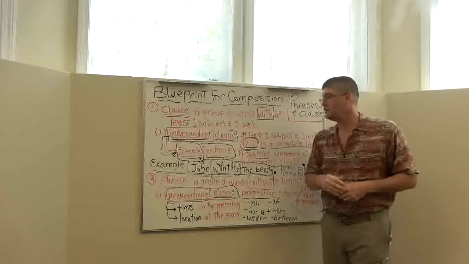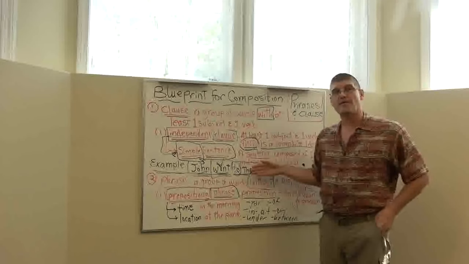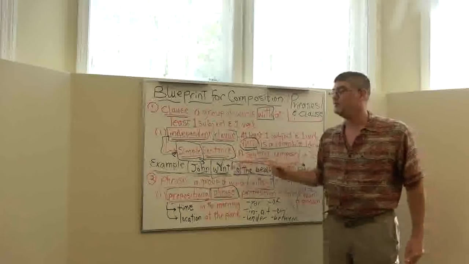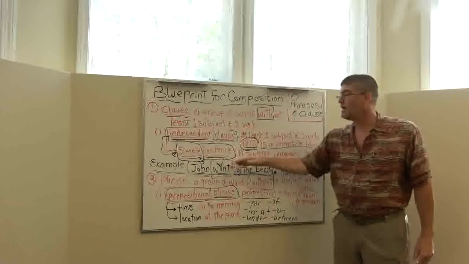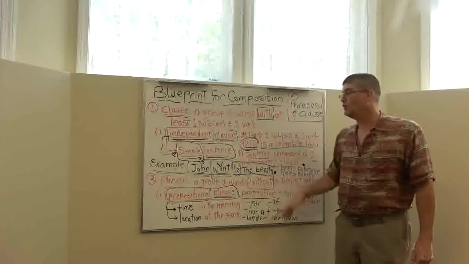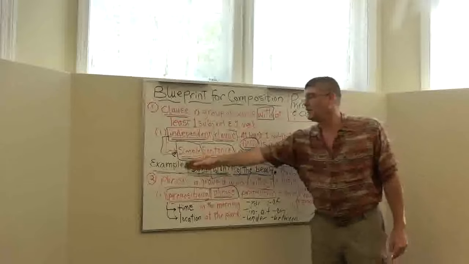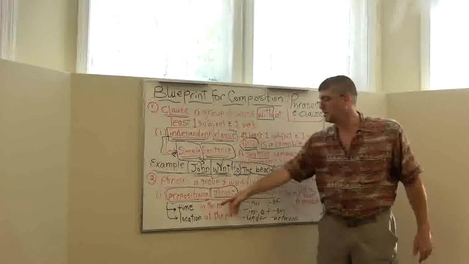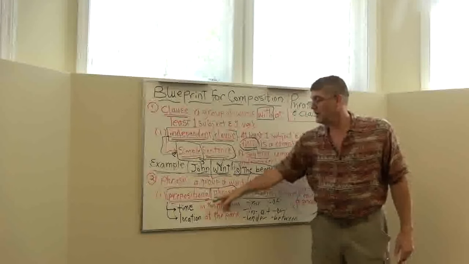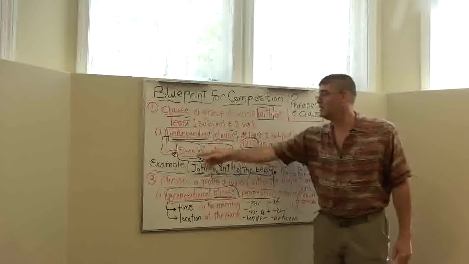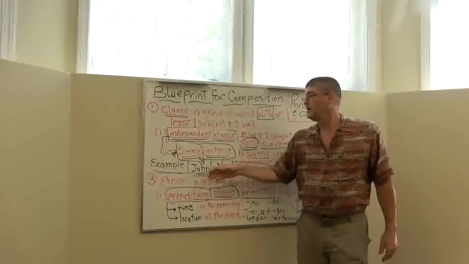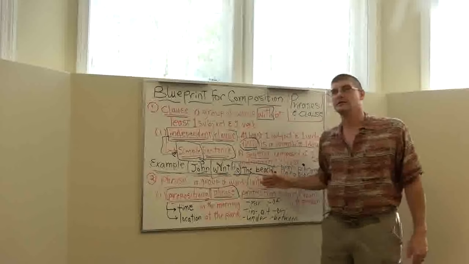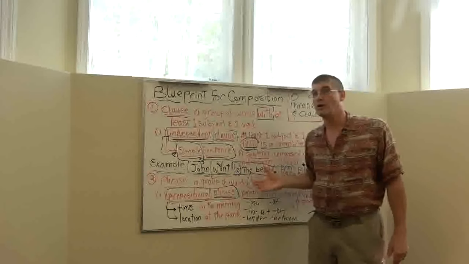So one final point is this. Look at the location of the prepositional phrase in the sentence. It comes after the verb. Why? Because I'm describing something about that verb. Where did John go? I don't want to put the phrase at the beginning of the sentence, although in some cases I can, particularly with expressions of time, I could say, in the morning John went to the beach. That's fine. But I don't want to say, to the beach John went. That would be improper word order.